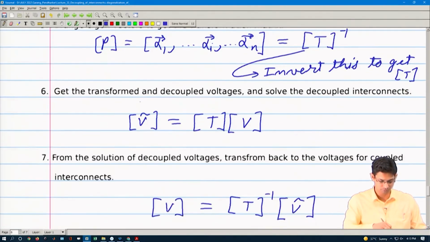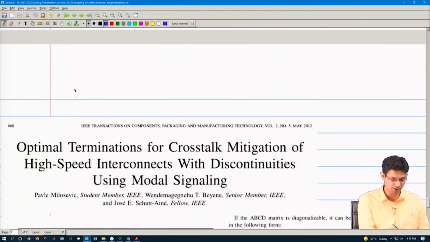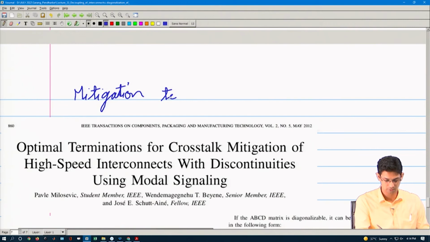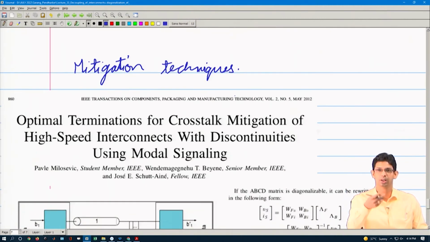Yeah. So, now when I was discussing mitigation techniques, when we are discussing coupling mitigation techniques, there was one subcategory where the solution was sought on the signaling level, right.